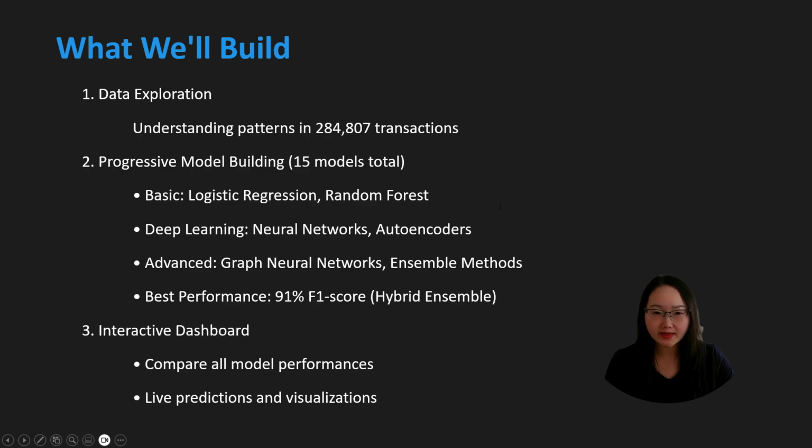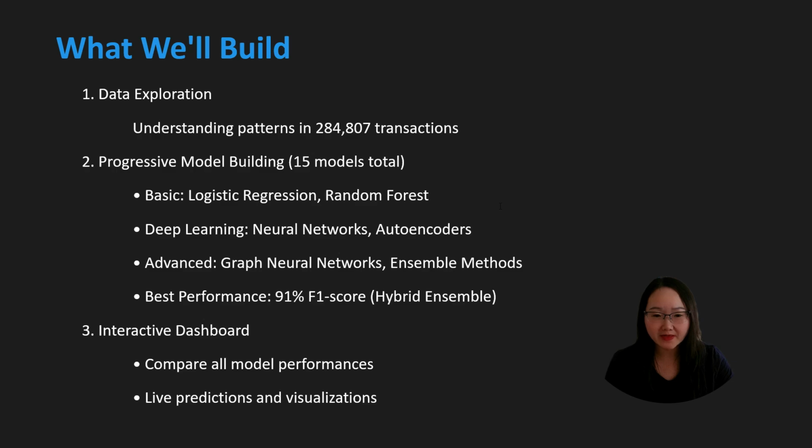Here's what we will cover in this series. We will start with data exploration, understanding the patterns in our about 285,000 transactions. Then we will progressively build more sophisticated models, basic models like logistic regression and random forest. For deep learning, neural networks with custom loss functions. Then we move to more advanced techniques like ensemble methods and graph neural networks.